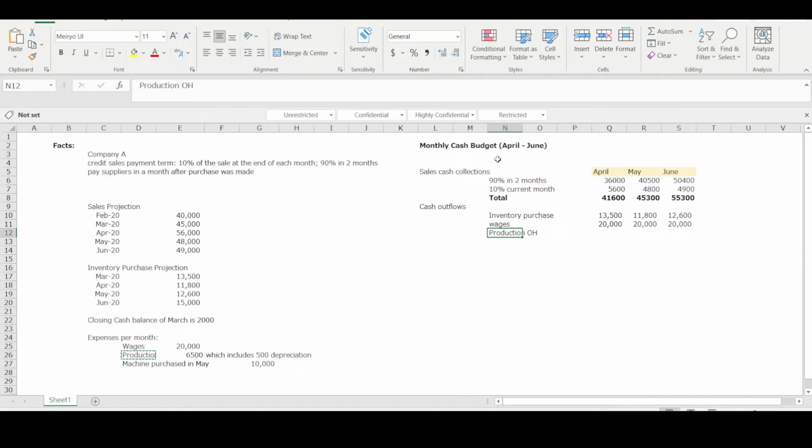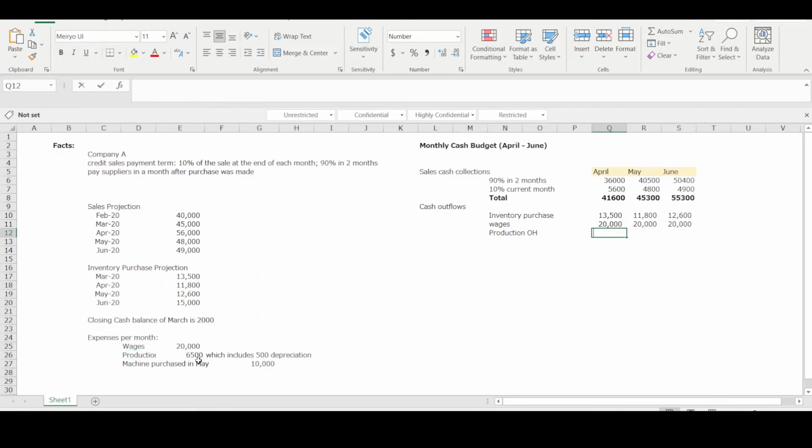Any cash inflows, cash outflows, we care. We don't care about non-cash transactions. Depreciation is a non-cash transaction, because depreciation is just the value of your asset going down, right? You're not paying extra money. There's no cash outflow. So the production overhead number that's going to sit here is not 6,500.